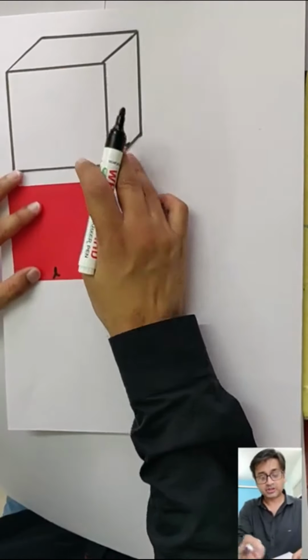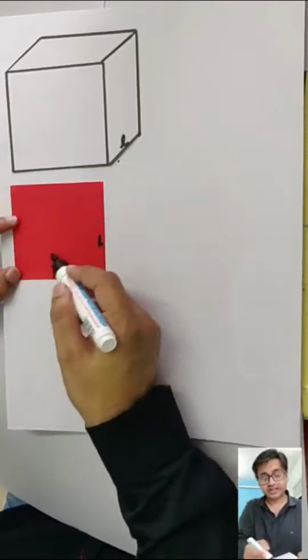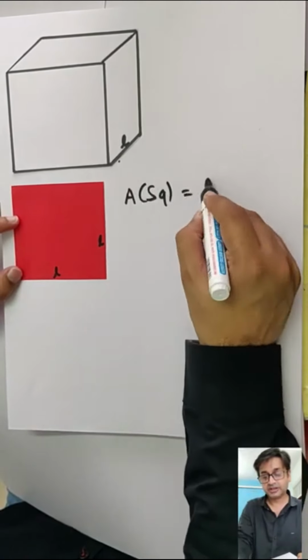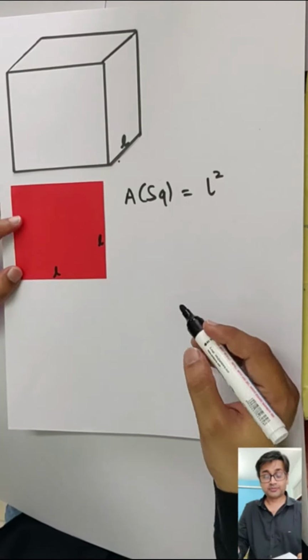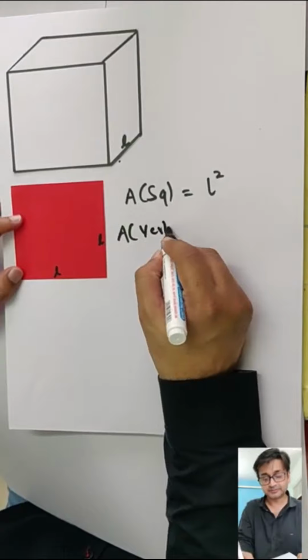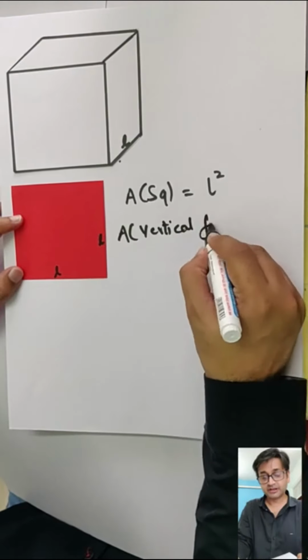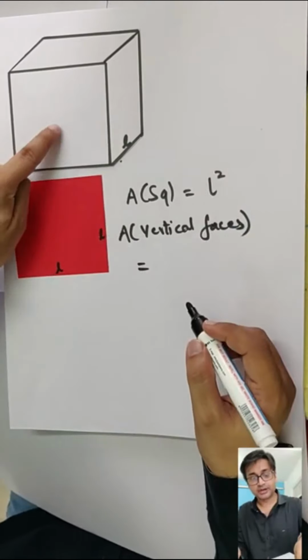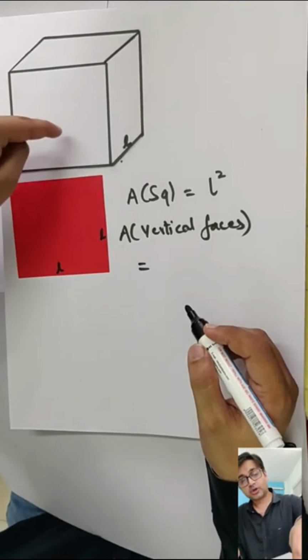So when I pull out one square, the area of a square is equal to side squared. Now 2 parts in surface area we said, area of vertical faces. So how many vertical faces does this have? 4 vertical faces, 1, 2 and the other 2 on the other side.